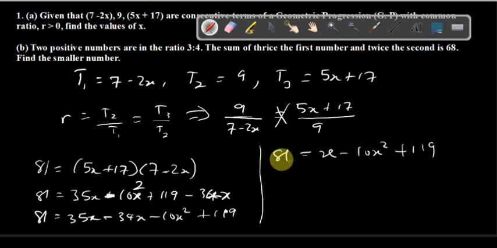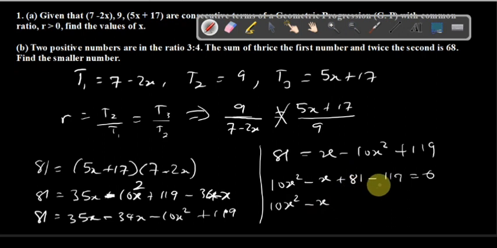Since we have a quadratic equation, with the highest power of x, we can move this minus sign down to this place. So we're going to have 10x squared, then we have minus x, plus 81, we shift this way, minus 119, is equal to 0. So we have 10x squared minus x, 81 minus 119 is equal to minus 38, and that is equal to 0.